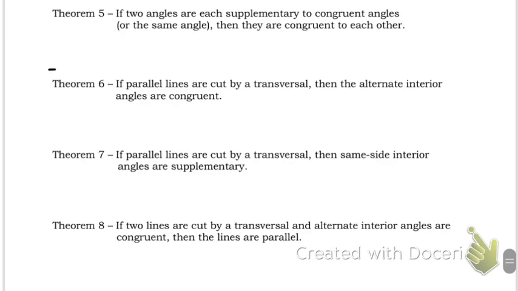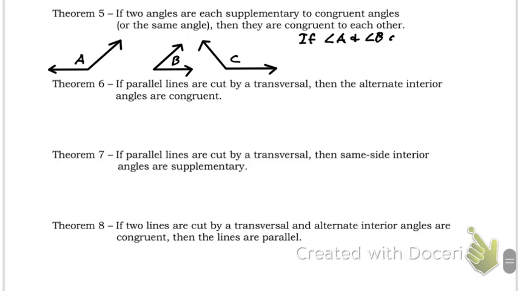Kind of a drawing of that might be, let's go ahead and draw that, and I'm going to label these A, B, and C. So this would be set up something like if angle A and angle B are supplementary, and angle C and angle B are supplementary, then angle A is congruent to angle C.